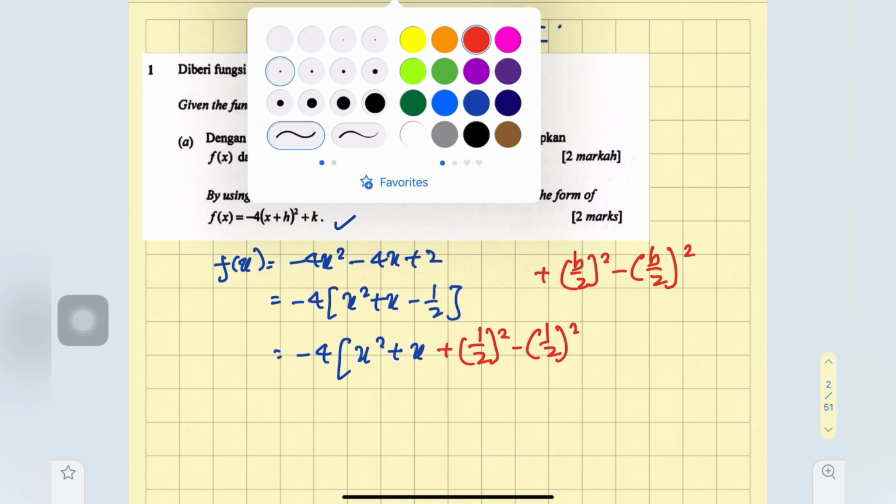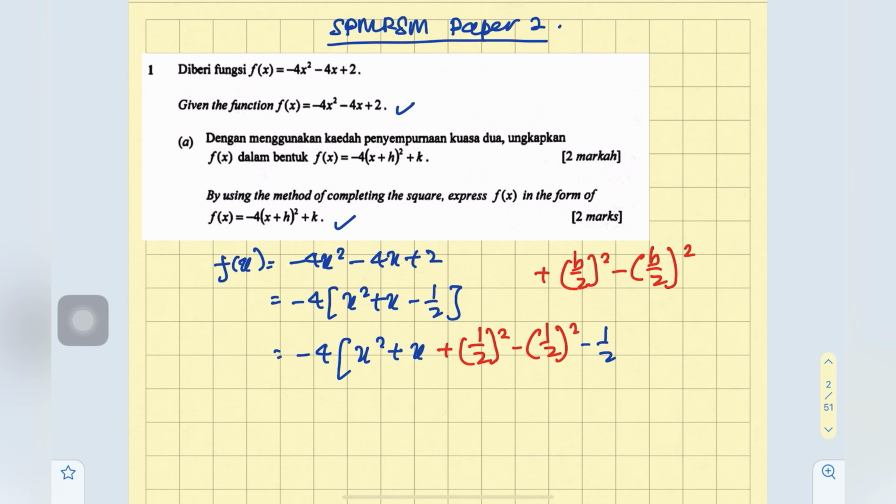Okay, so then minus 1 over 2. Then this one, negative 4, so we take this one, x plus 1 over 2 squared, minus this one, we simplify, 1 over 4 minus 1 over 2.